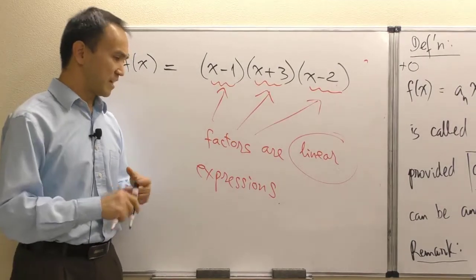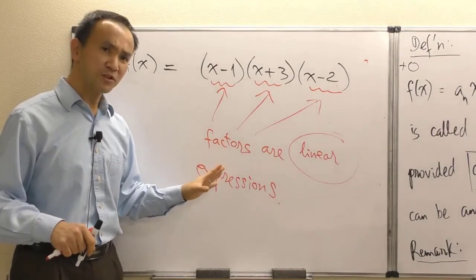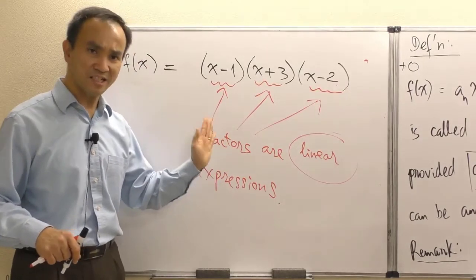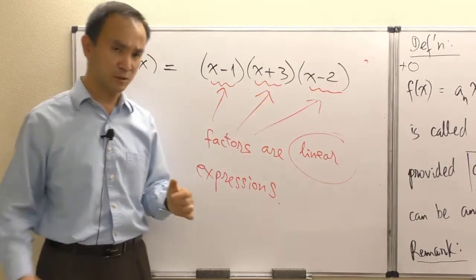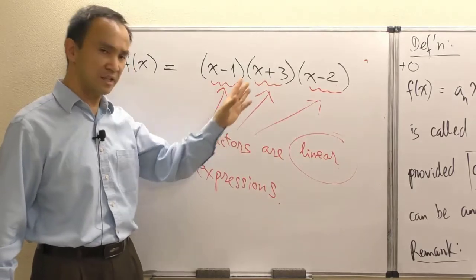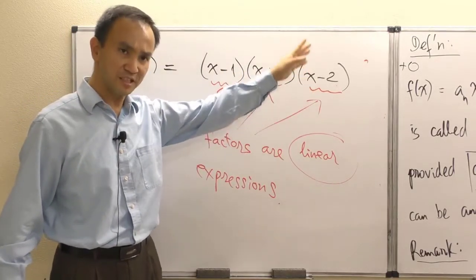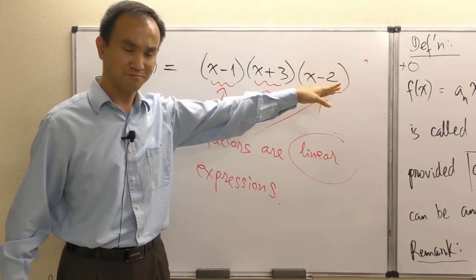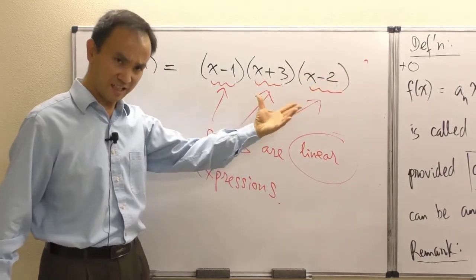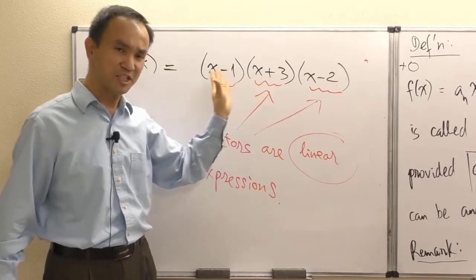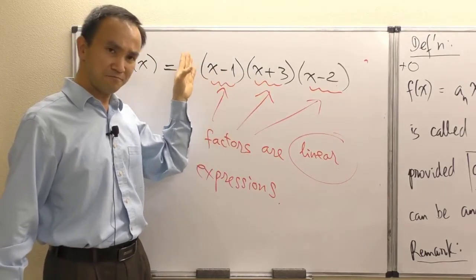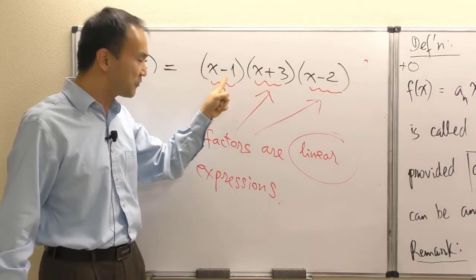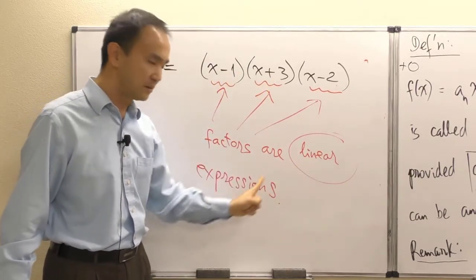For simplicity of this course, I don't want you to worry about the other cases where the factors are not linear expressions. There are cases where the factors involve some irreducible quadratic, but if we have to get there, I'll mention it. Otherwise, most of the time we stay with given polynomials in factor form where each factor is itself a linear expression.